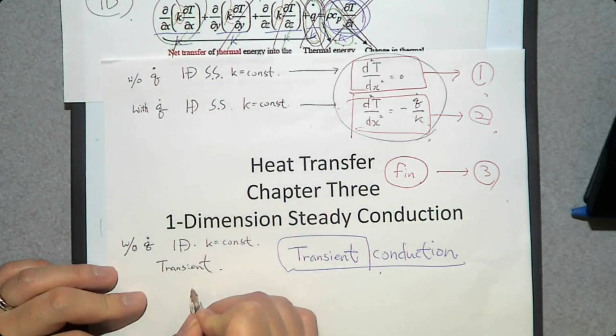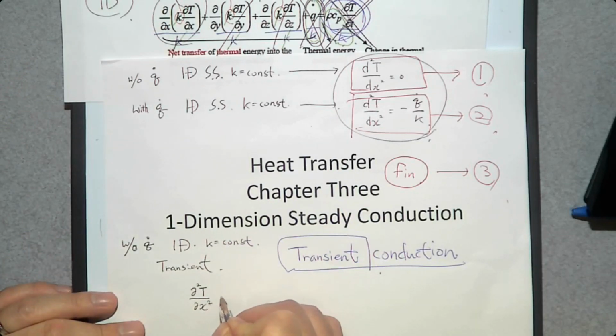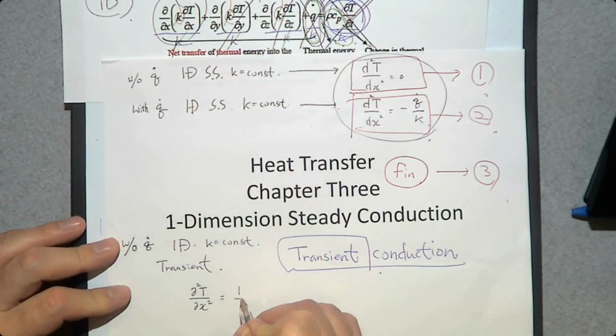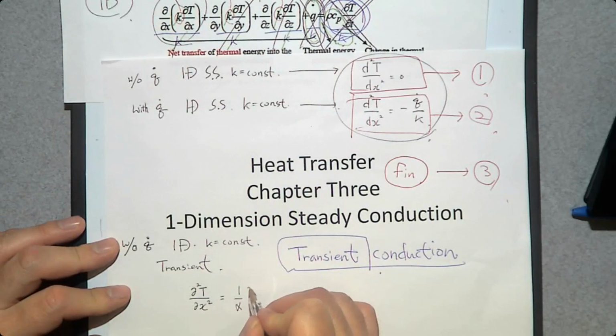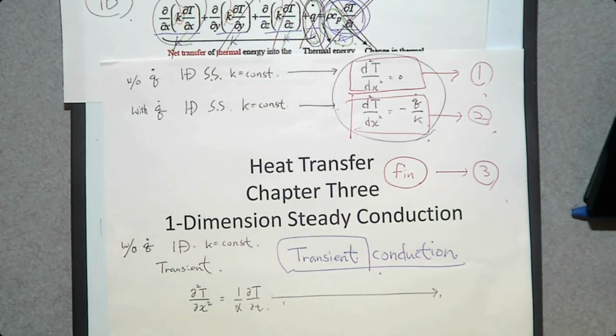So the equation is going to be the second order partial differential equation with respect to x is going to be 1 over alpha partial temperature over partial time t. So this is the equation that we are going to study.